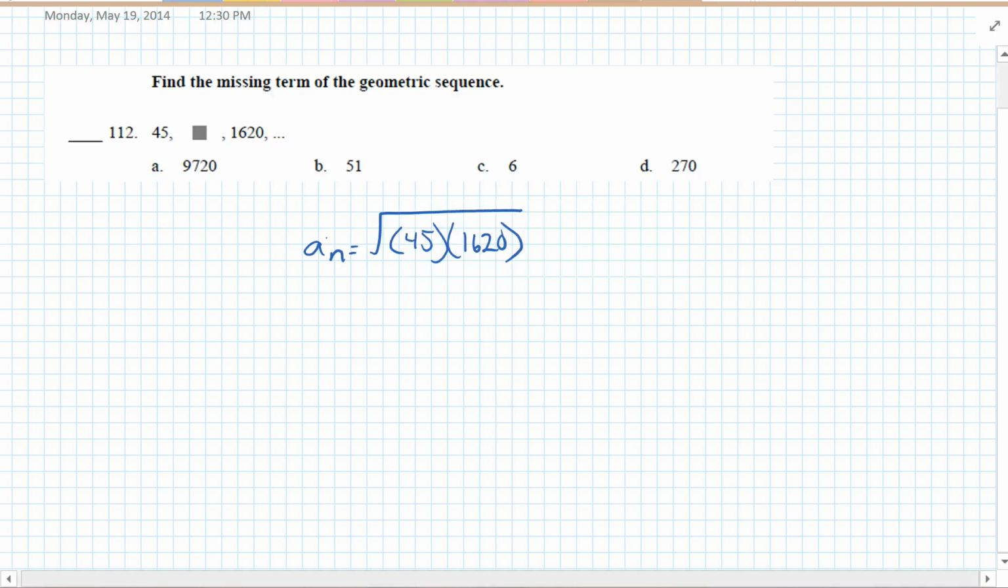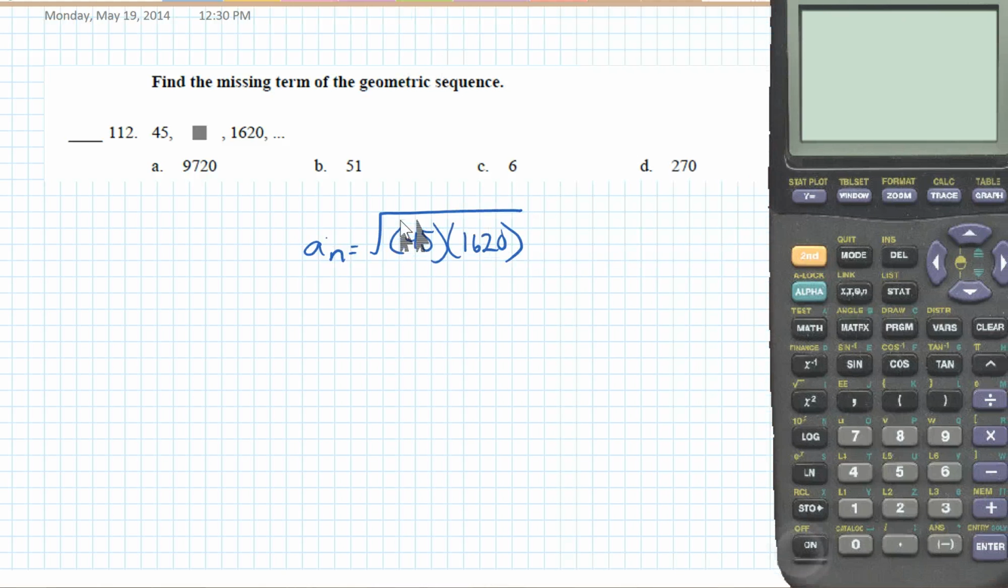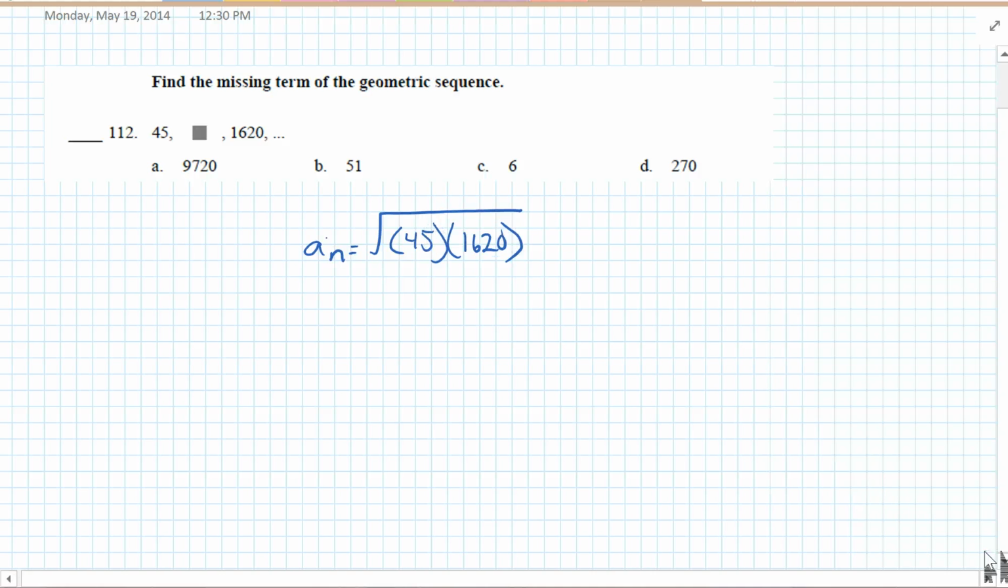We're going to hit the square root of 45 times 1620. Make sure you close the parentheses. It's this easy. Hit enter. 270. Easy calculator work. The missing term in the geometric sequence.